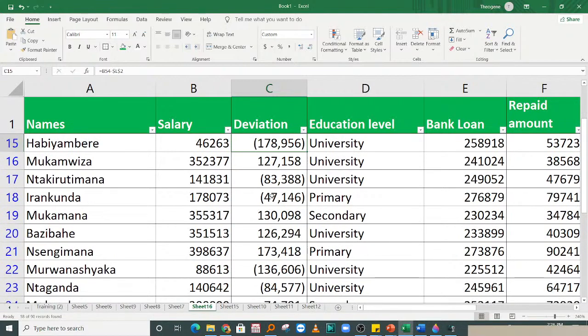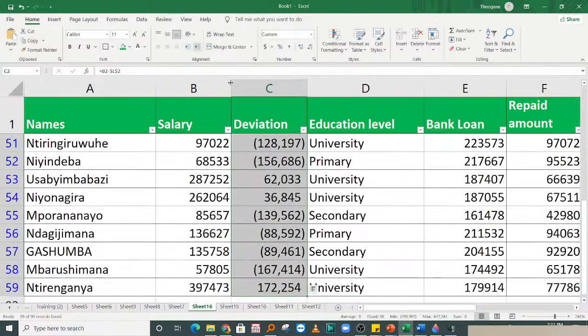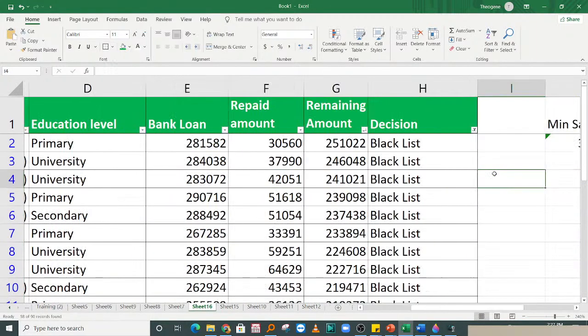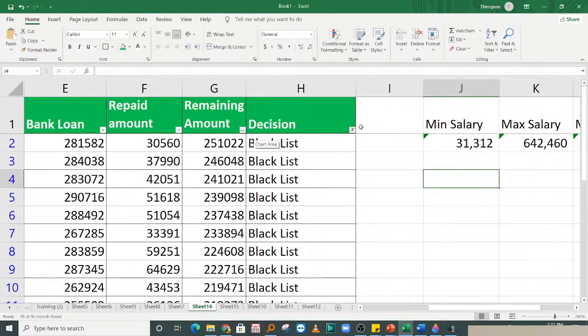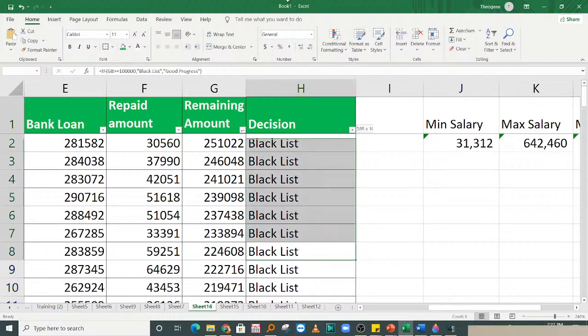So what does this deviation in parentheses mean? The deviation in parentheses is a negative number. But I am only calculating this on blacklisted people. That's why we have a short list of employees.